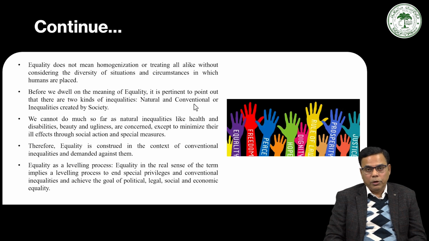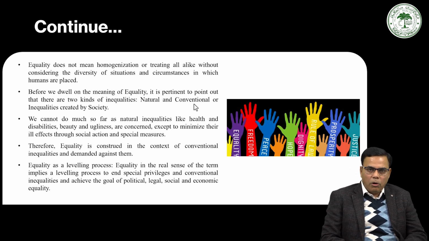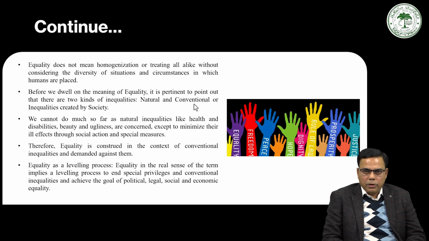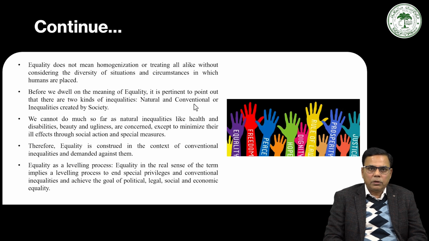This aspect is to be kept in mind while talking about equality and inequality. So far as natural inequalities are concerned, for example, by birth there are some people who are disabled, maybe blind, deaf, dumb, lame, anything like that. If they are not able-bodied, that is natural inequality.